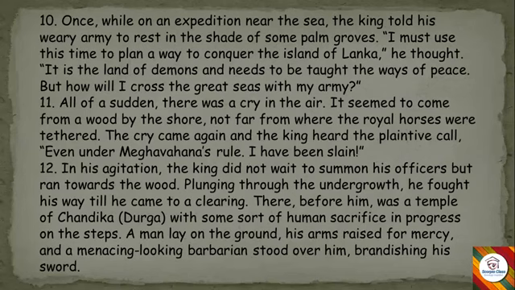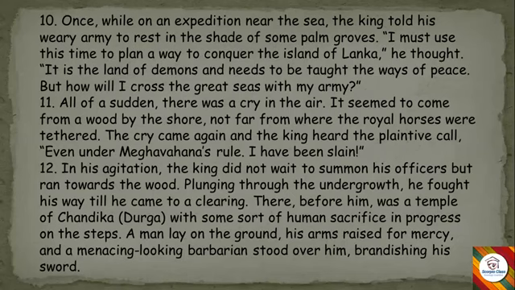So once while he was on expedition, when they were on the move to capture other areas with the army, they went near the sea, and the king told the army members to take some rest under the shade of a tree. Then he said that this is the time when he would plan how to conquer the island of Lanka.